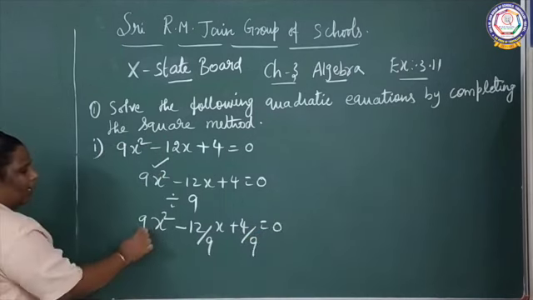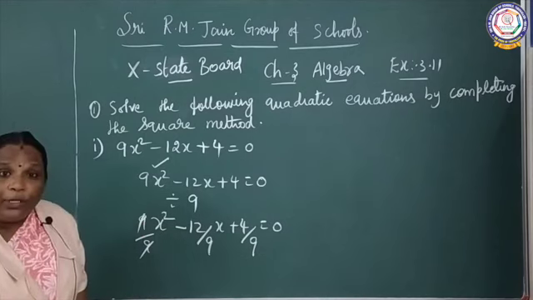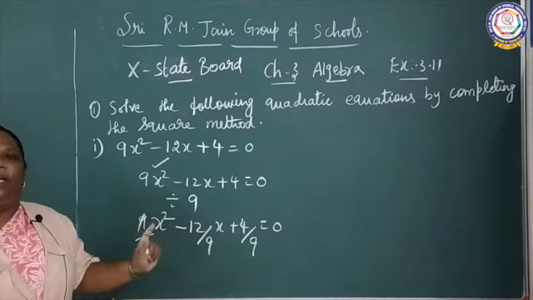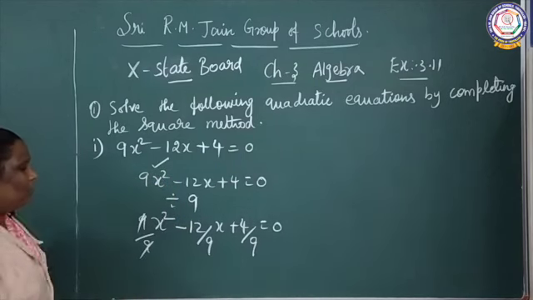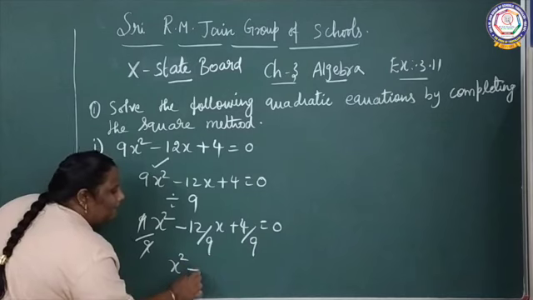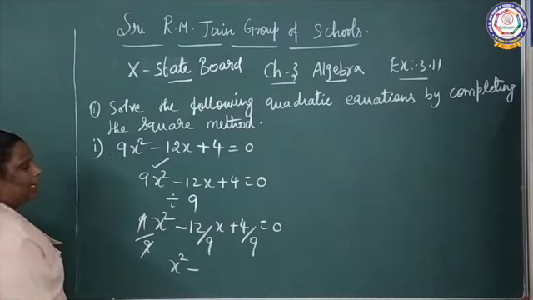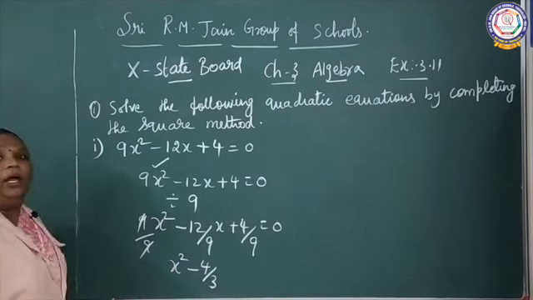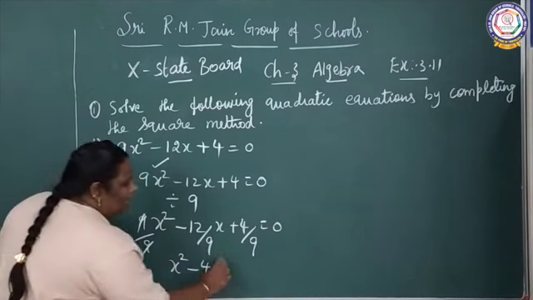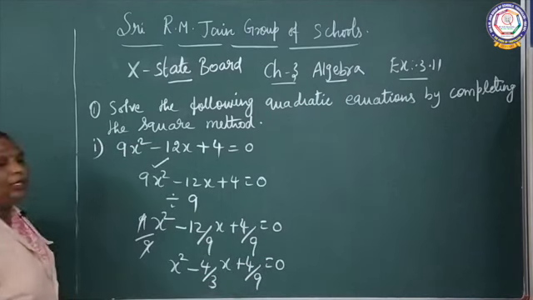Here 9 by 9 will get cancelled. When we cancel 12 by 9, we get 4 by 3, since 3 3s are 9, 3 4s are 12. So, x square minus 4 by 3x plus 4 by 9 equal to 0.